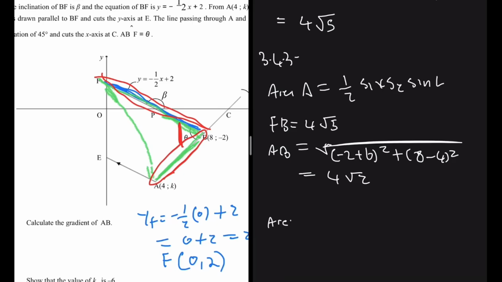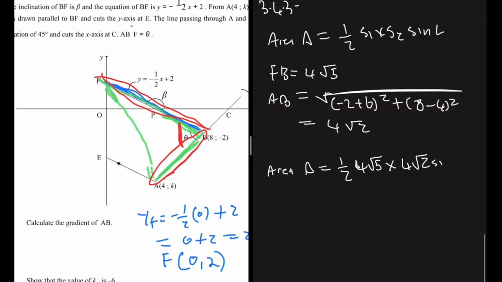So now we can say that the area of our triangle ABF will be equal to half, side 1, 4 square root of 5, right? 4 square root of 5 multiplied by the other side, 4 square root of 2, sine of the angle they sandwich, right?